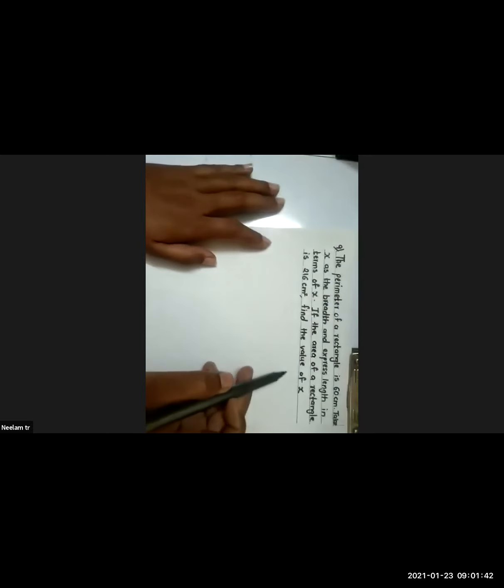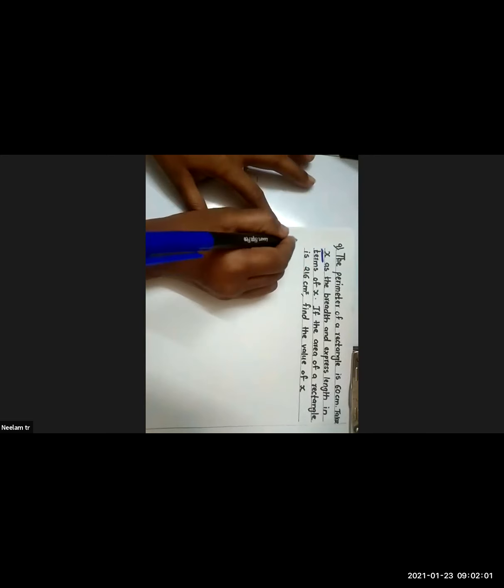So, what is your first step? First, you need to understand what the question is trying to ask you. You need to decode this language into mathematical terms. How will you do it, students? The length and the breadth of the rectangle, the breadth is given as x.